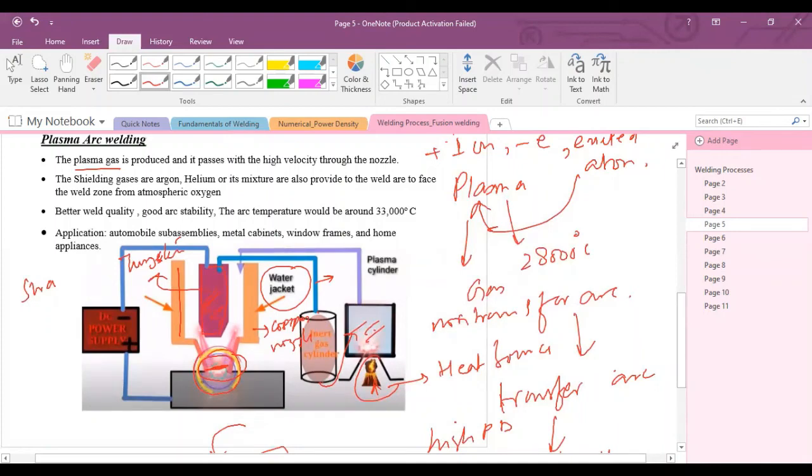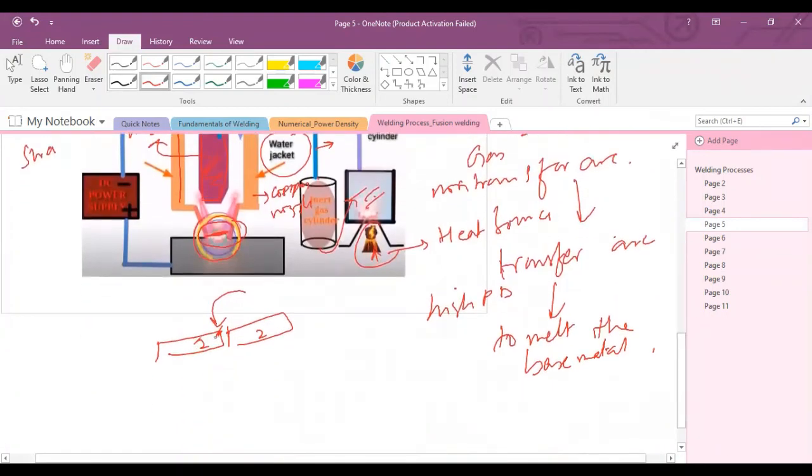To protect this arc from the oxygen, nitrogen, and hydrogen, inert gas argon or helium, or a mixture of both, is used to protect from the environment, and also to protect the molten pool, or the melting surface of the base metal.